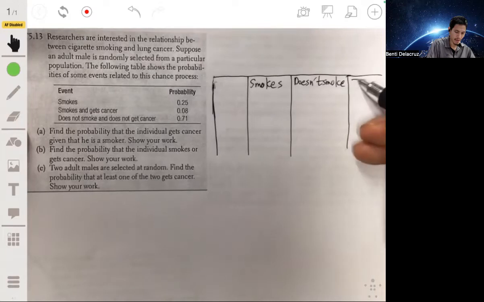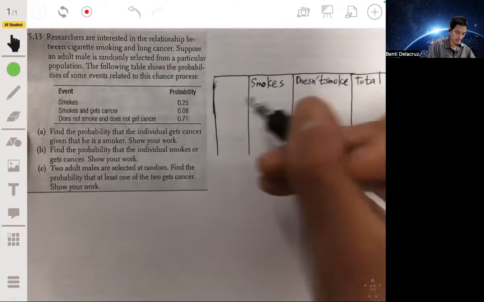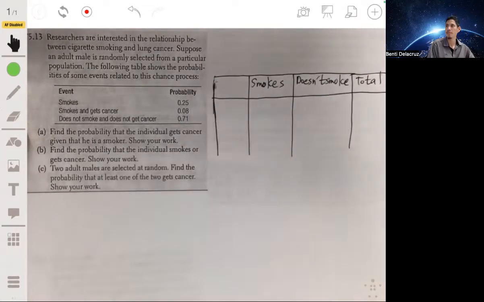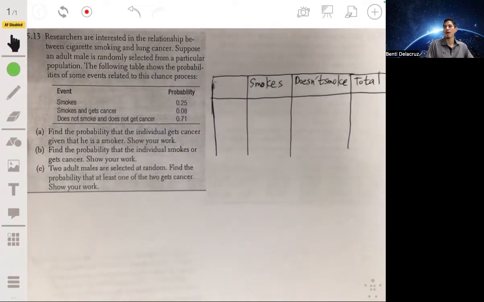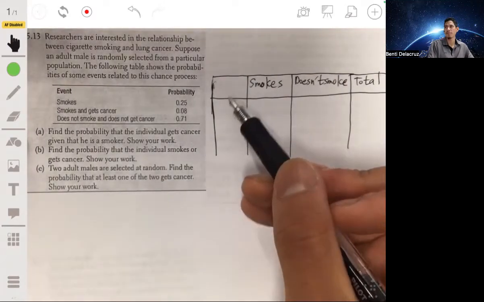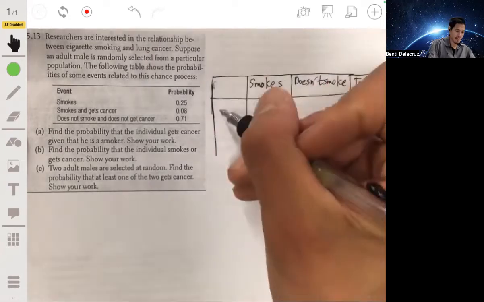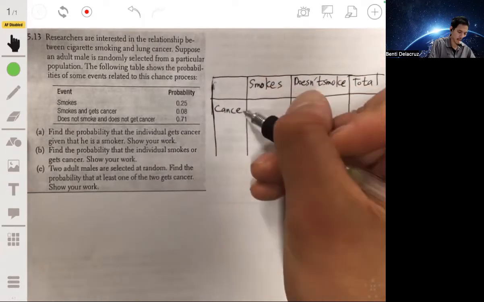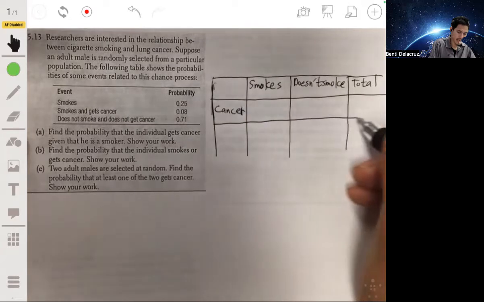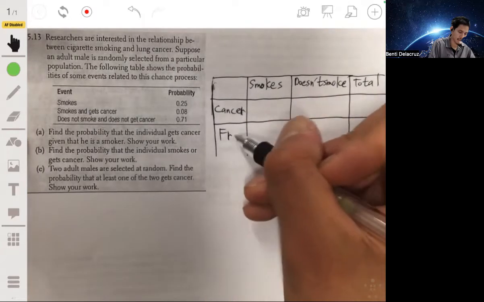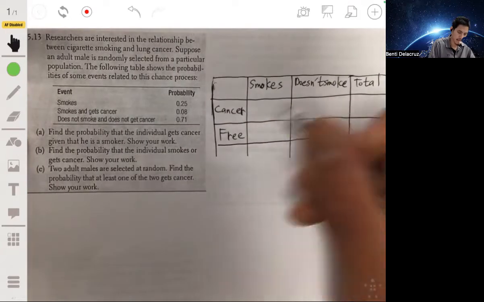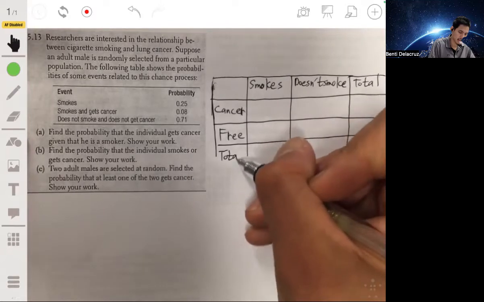And you have your total at the end, of course. And then across the rows, we're going to have that they have cancer, they can get cancer. And let's just say that they're cancer-free, so they're free of cancer. And then at the bottom row, have your totals across as well.